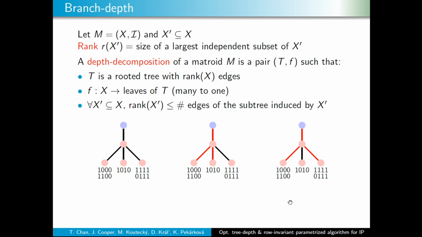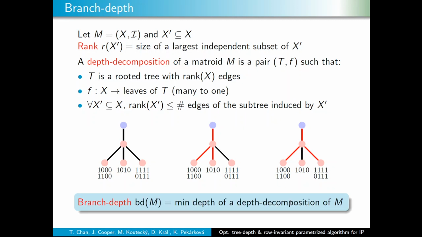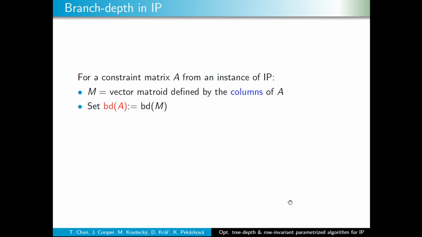So with this in mind, we're now equipped to define the branch depth of a matroid M. The branch depth of a matroid M is the smallest depth of rooted trees over all depth decompositions of M. Okay, so why consider branch depth at all?